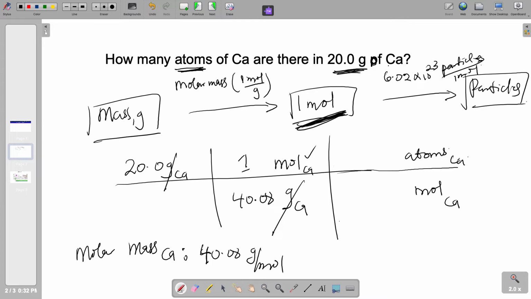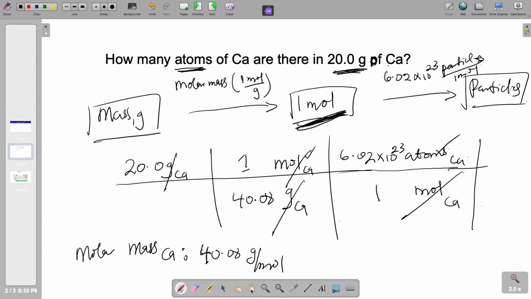So how do we go from moles to atoms? We have to go through Avogadro's number per mole. And as you've seen, Avogadro's number goes with particles or atoms per mole. So that means our top number here should be Avogadro's number, 6.02 times 10 to the power 23, and the bottom here should be 1 mole. Okay. Then we close our table. So units on the diagonal will cancel. So now we just have our atoms of calcium left, which is what we want.